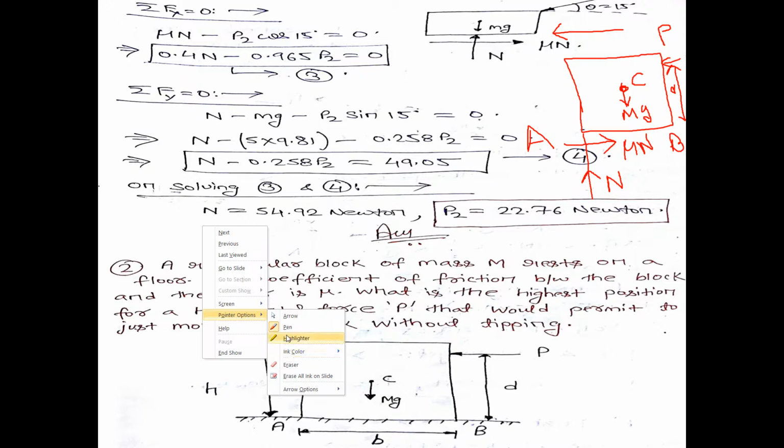So this is your free body diagram, and this distance is B. Since the weight of the body mg acts from its center of gravity, this much distance is B by 2 and this much distance is B by 2.